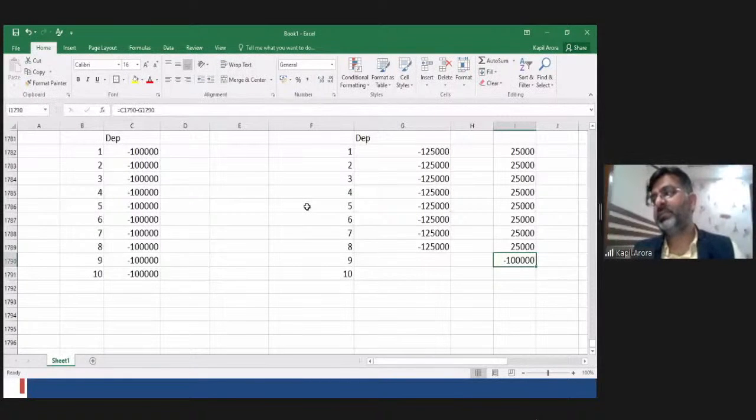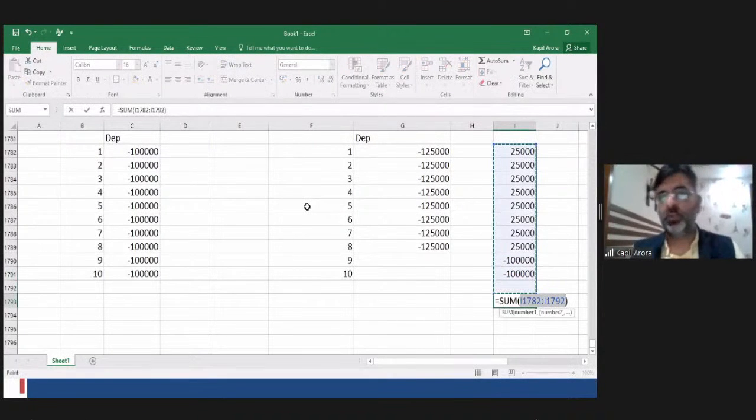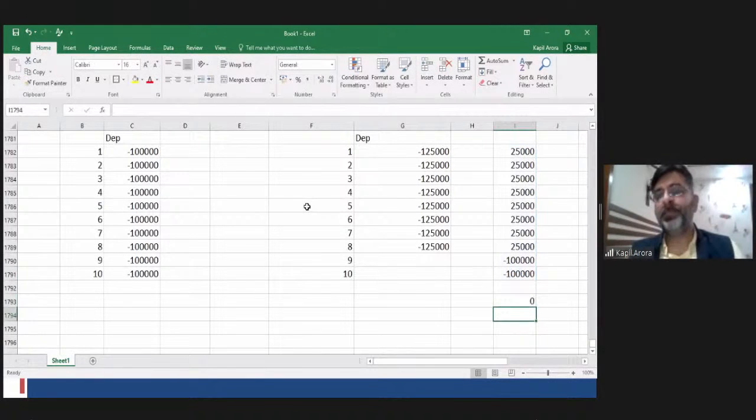This would be 1 lakh. What would be the difference in year 10? This is again going to be 1 lakh. Now, if I take the total, up to 8 years the difference is growing, up to 2 lakh. From years 9 and 10, the difference is coming back, 1 lakh and 1 lakh every year.